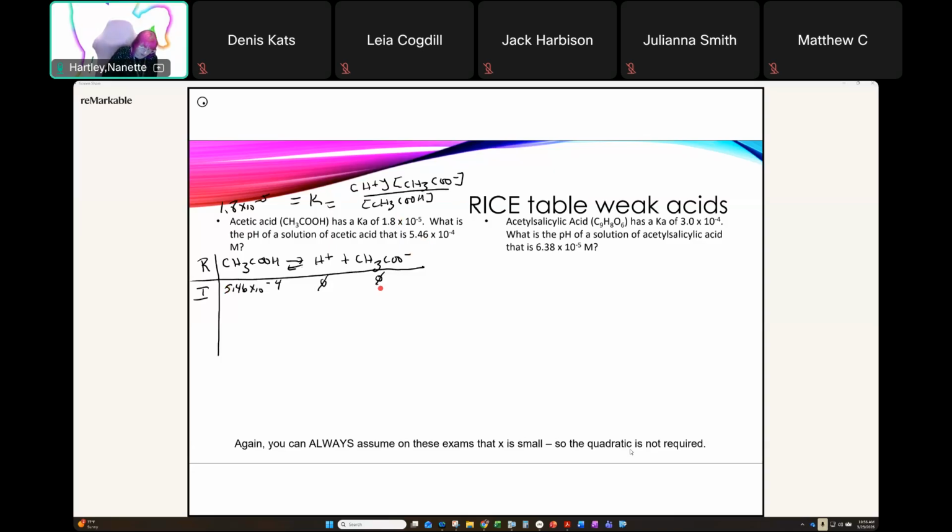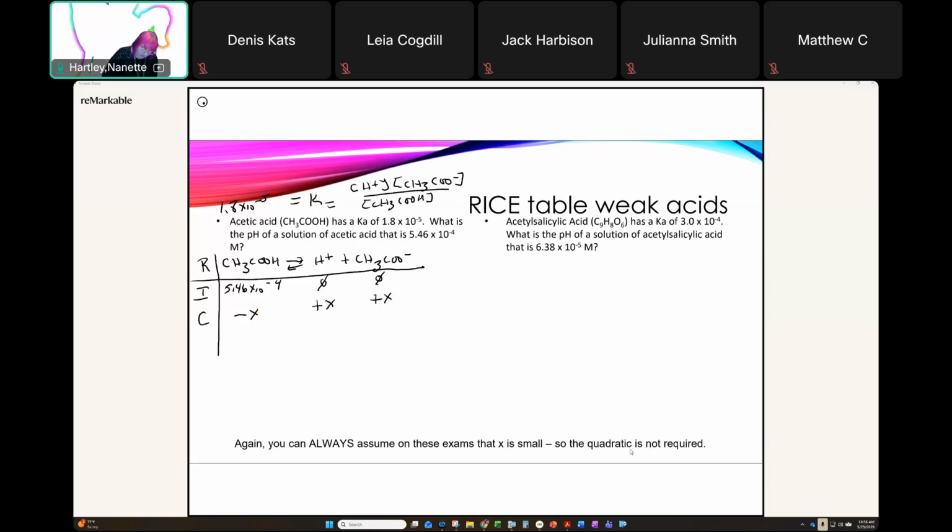Okay. I know that when I go through the change, for every time I break one of these down, that's a minus X. Every X that I break down gives me an H and a CH3COO minus.